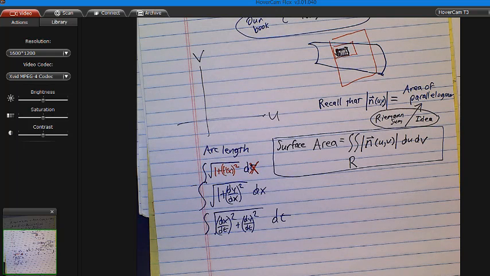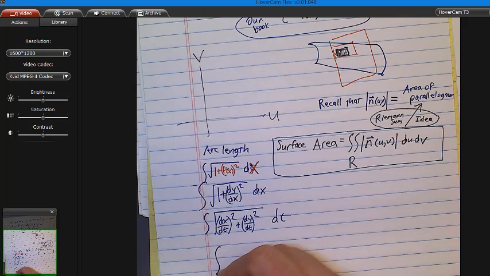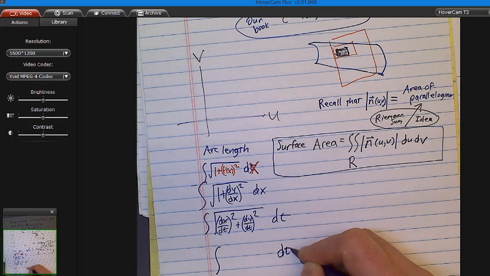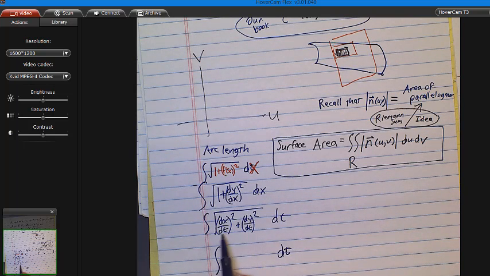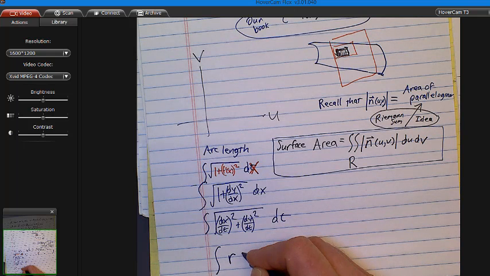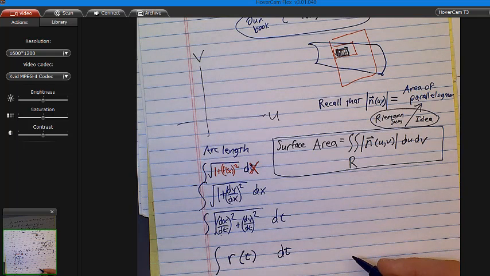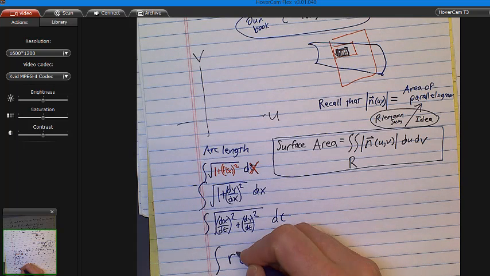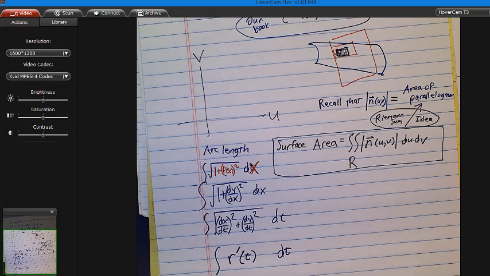As a matter of fact, let me do one more move. I claim that this is almost r of t. Not really. It's not r of t. Well, wait a minute. It's almost r prime of t. Wait a minute. What is r prime of t? Hold on. I'm going too fast.